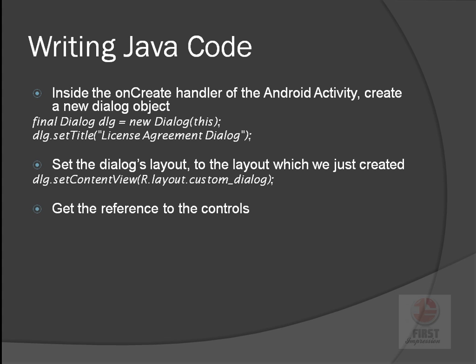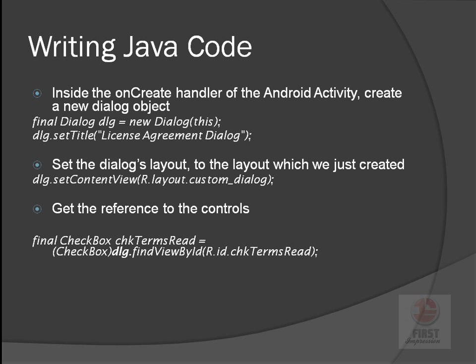Then we'll get the references to the controls by saying final CheckBox CHK terms read equals (CheckBox) dlg.findViewById(R.id.chk_terms_read). Once we get the reference of the checkbox, let's get the reference of the second control, the button BTN accept.